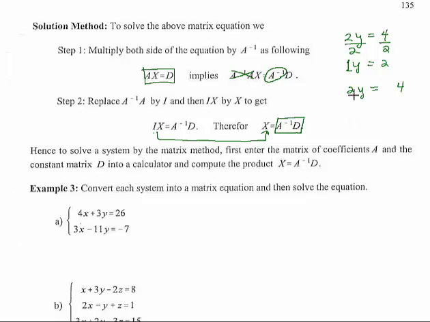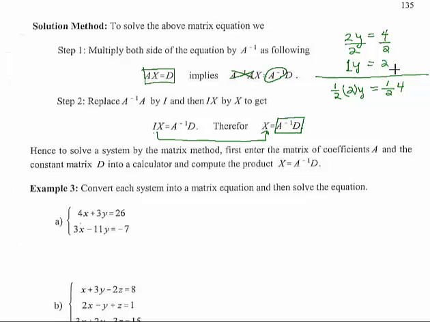Well, how can we take a 2 that's sitting in front of the y in the original equation and turn it into a 1? We just take the 2 and multiply by its inverse, 1/2. We multiply by half, and that's the same thing as up here when I divided both sides of the equation by 2. Just looking at it in a different way that aligns with this method over here to the left. So to get a 1 in front of the variable, we multiply by the inverse, 1/2.